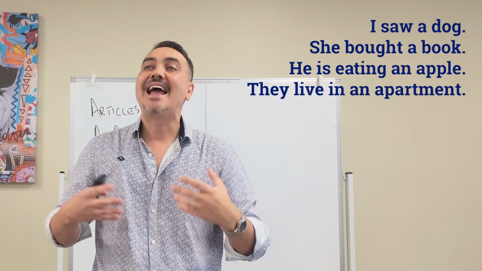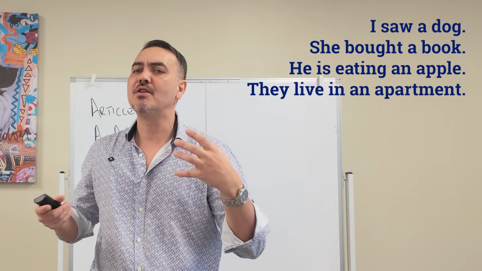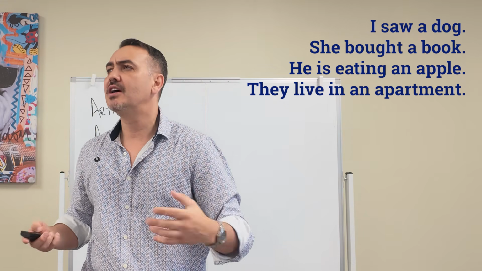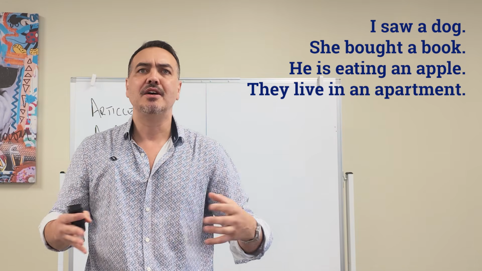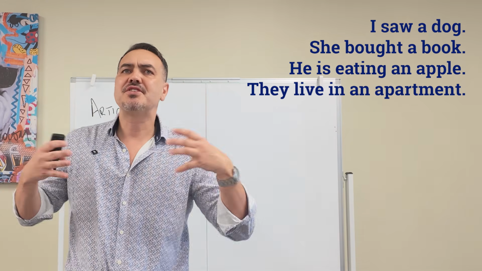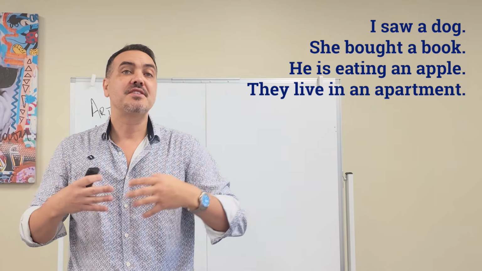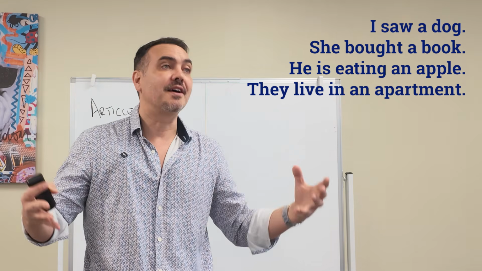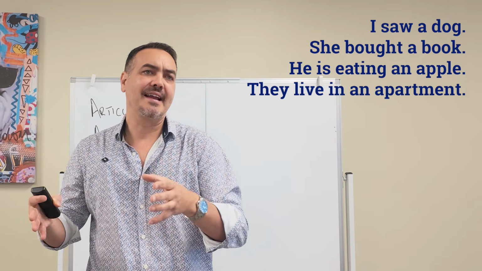They live in an apartment. In these examples, we're not talking about one specific dog or book or apple or apartment. We're simply introducing it, okay? The listener does not know which dog yet, and the listener does not know which book yet, okay? So we use a or an.